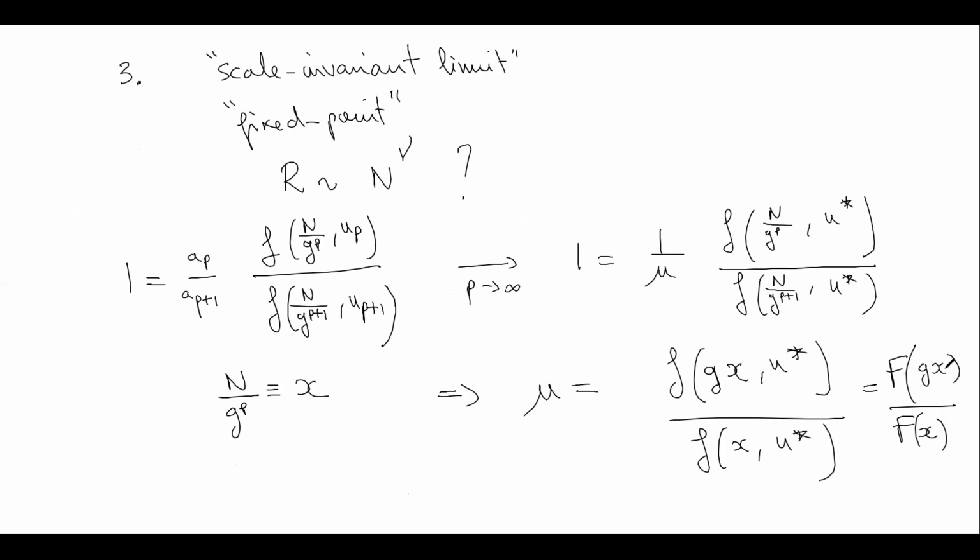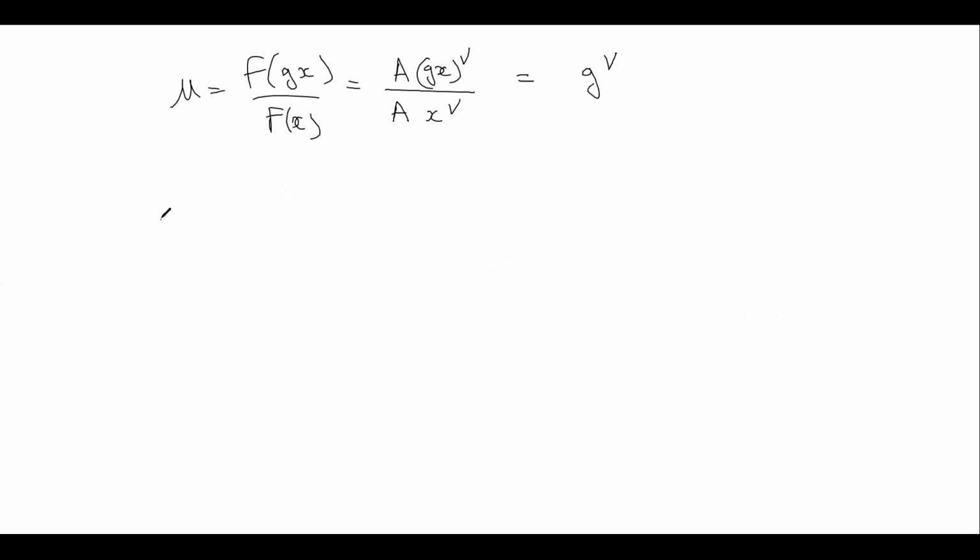F of gX over F of X, so mu is equal to F of gX over F of X. F being a polynomial, the object gX, the variable, to the power nu, and here it's X to the power nu. So plenty of things cancel out and you end up with g^nu. So mu is connected to nu by this relation.